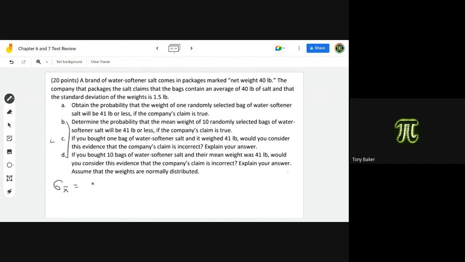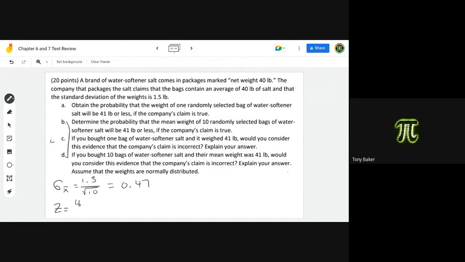My standard deviation, I have to do the 1.5 divided by the square root of 10. And I get 0.47. Now we got to find my z-score.